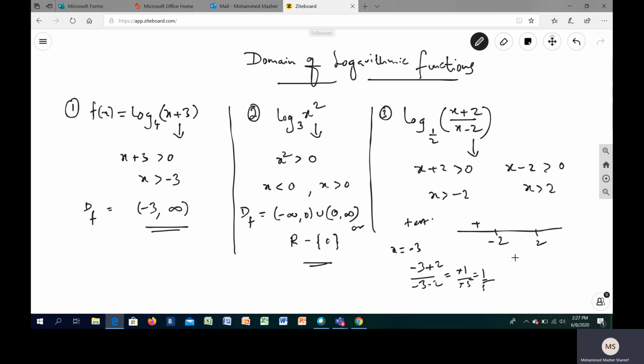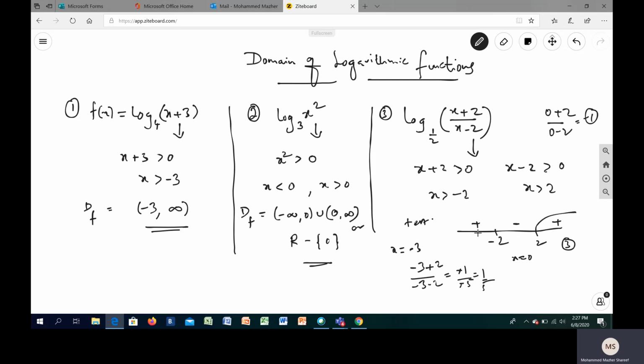Whereas take any number between these, I'm taking 0, and you write 0 plus 2 over 0 minus 2, you end up getting a negative, and log is not defined for negative. So this is giving me a negative nature. What about this one? Let us take positive 3: 3 plus 2, 3 minus 2. It is going to be positive.